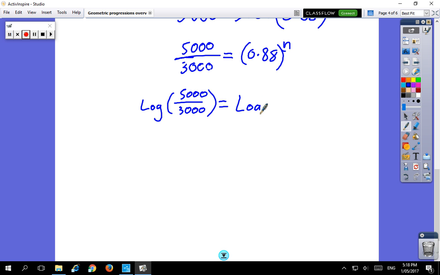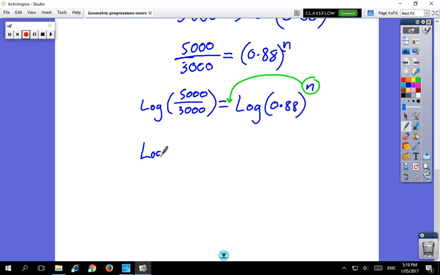Just like you would multiply both sides, or divide both sides, or add to both sides, taking the log is something we can do to both sides. And what taking the log allows us to do is shift that exponent down to here as a multiply. That's all it's used for.